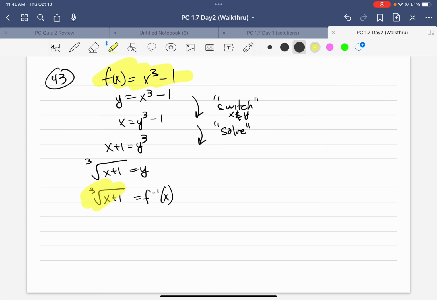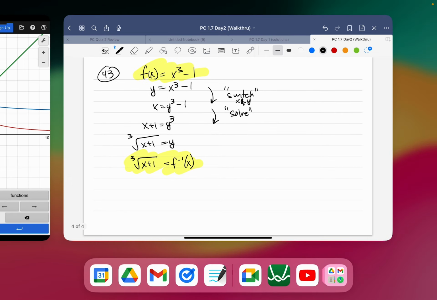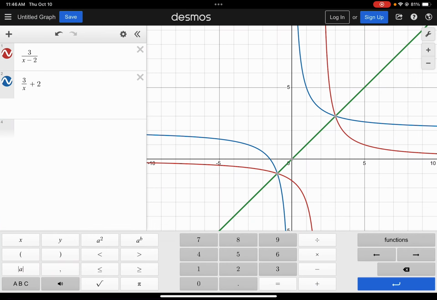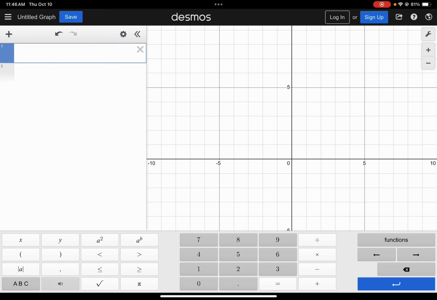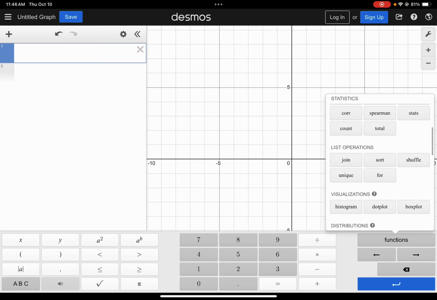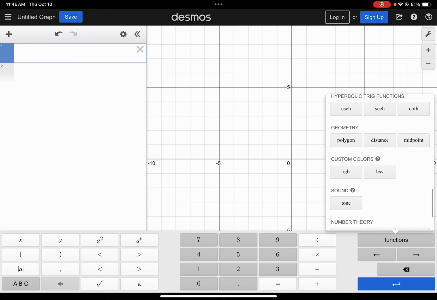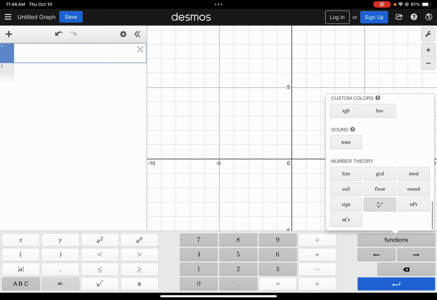So here's f, here's f inverse. So if I go cube root of x plus 1, I go back here and look for functions. See if it's got a cube root.